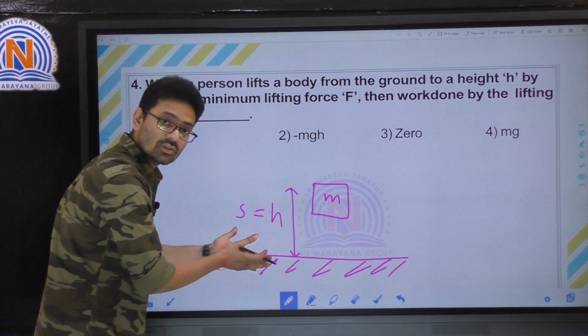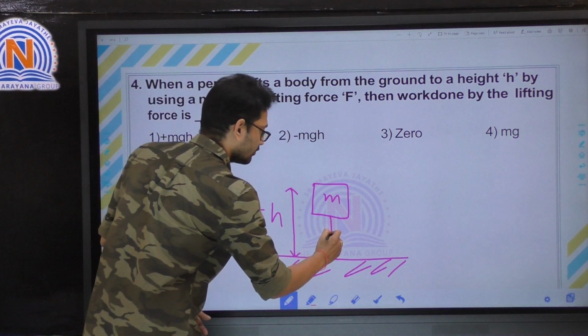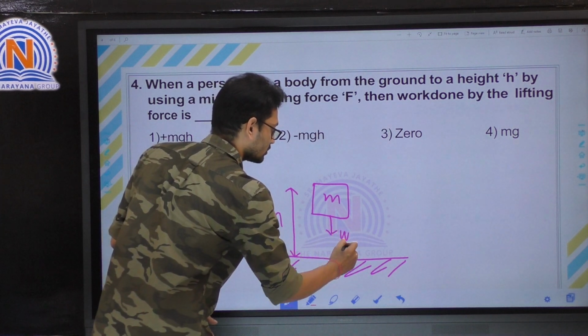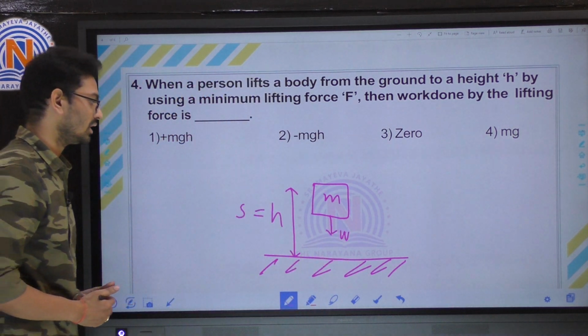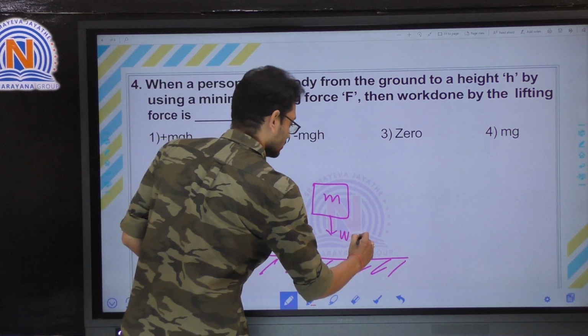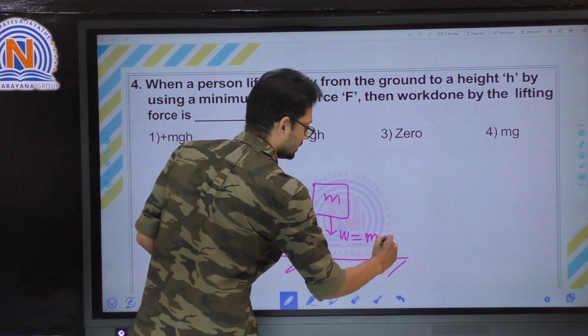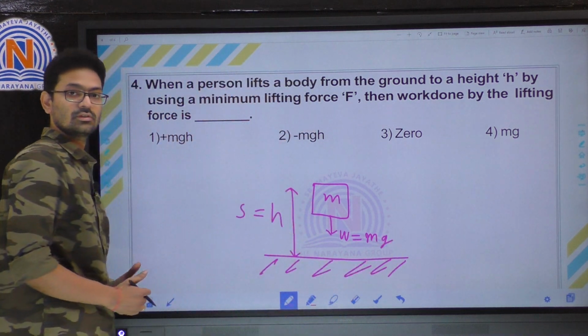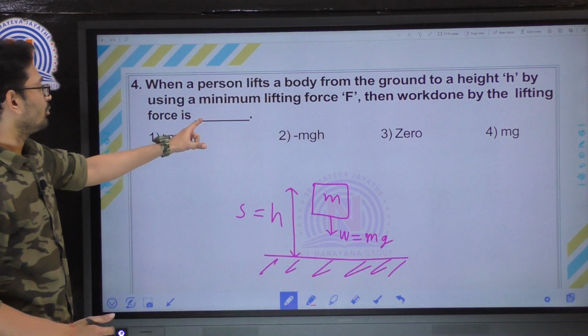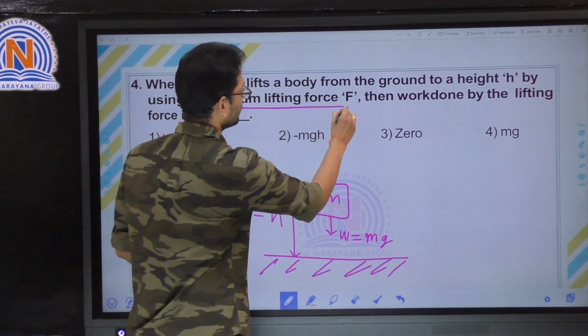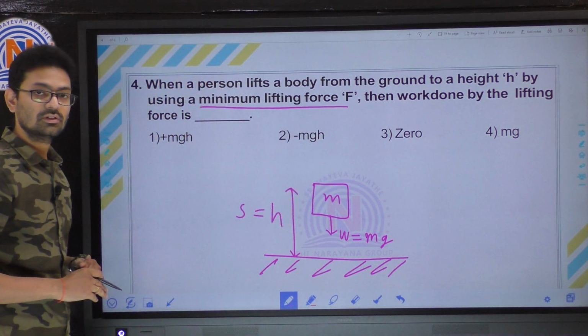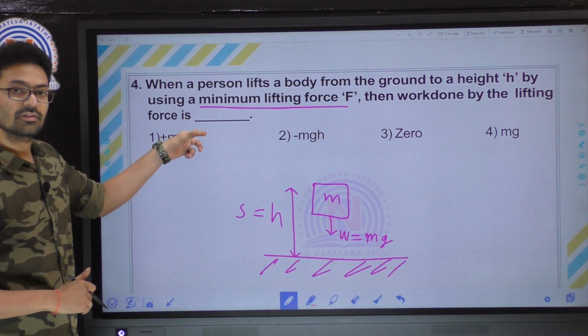Now what is going to act downwards? One force is going to act down, that is the weight force. Weight force, we can write F suffix W, which is mg, acting downwards. Now they are saying minimum lifting force. Another point to be noted over here is the minimum lifting force.